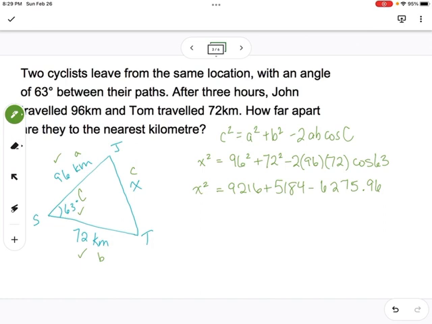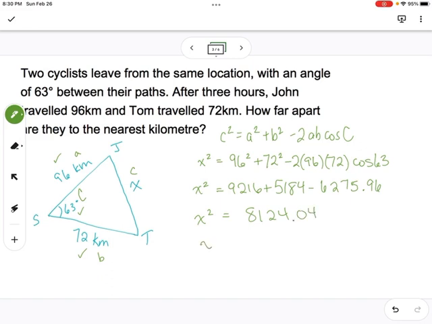6,275.96. Okay, so if we put the 9,216 plus 5,184 minus 6,275.96. Okay, so we get 8,124.04.